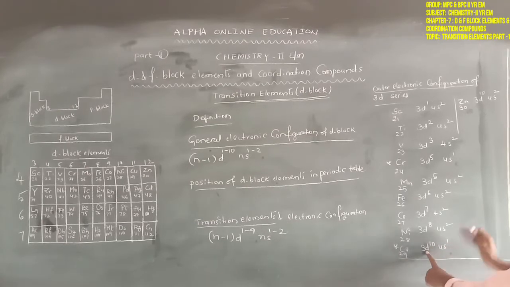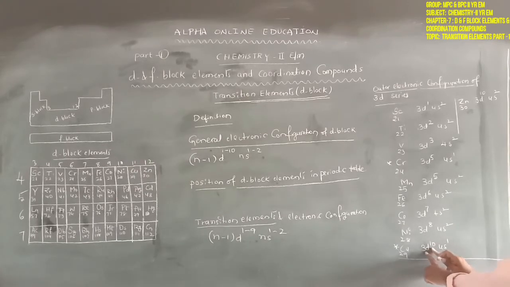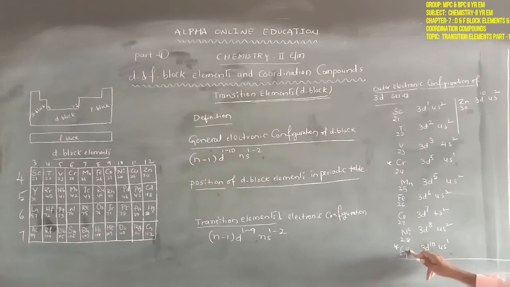The reason is again to get more stability by means of 3d10 configuration, where the d orbitals are completely filled by electrons. Due to this reason it gets more stability. That's why copper exhibits anomalous electronic configuration. Next, zinc, 3d10 4s2, is a stable electron configuration.